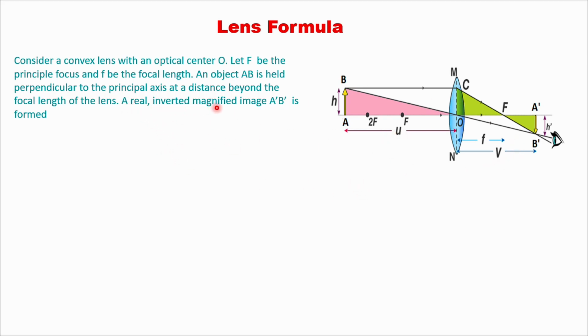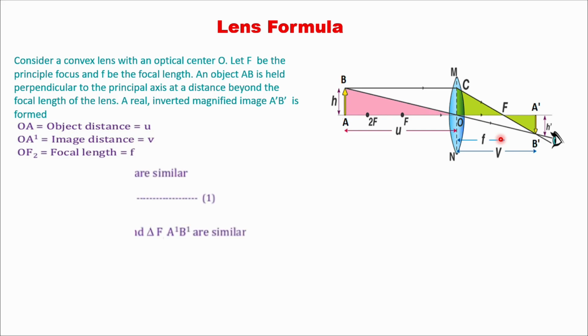Here you are getting the real, inverted, magnified image A dash B dash, formed behind the principal focus on the right side of the lens. So I said already, this OA is the U, OA dash is V, OF is the focal length f.